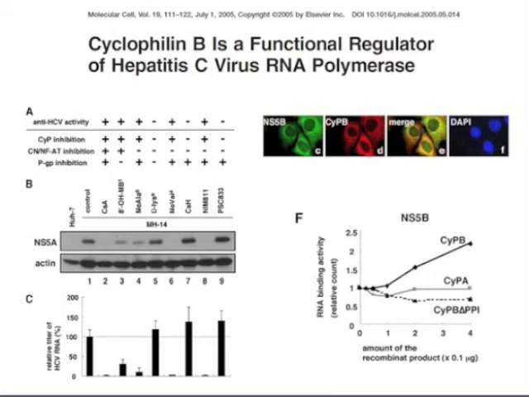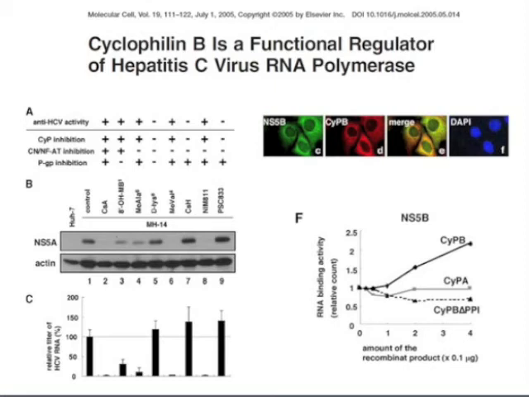So what this group did is they started working with various cyclosporins, these immunosuppressants, and various analogs of cyclosporin. You can see here, when they treated HCV-infected cells with cyclosporin, it had a pronounced antiviral effect, and it correlated with inhibition of cyclophilin function.